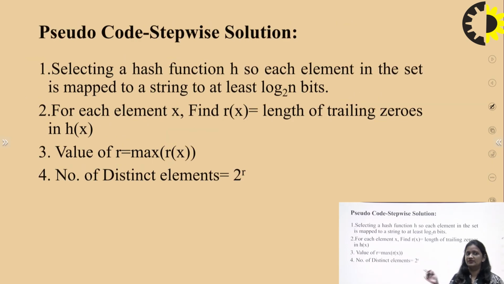This is the pseudocode for the stepwise solution of the FM algorithm. First we have to select a hash function. In the Flajolet-Martin algorithm, we are given a data stream and a hash function. Selecting a hash function h, each element in the set is mapped to a string of at least log 2 of n bits.